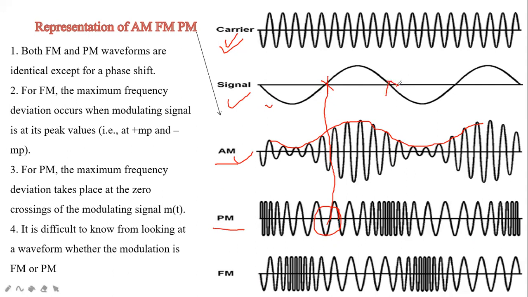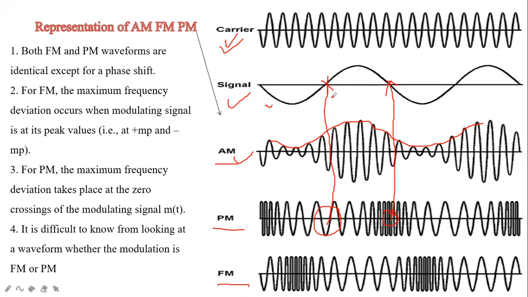At this zero crossing, you can see there is maximum frequency in your phase modulated wave. So this is how you can recognize your phase modulated wave.